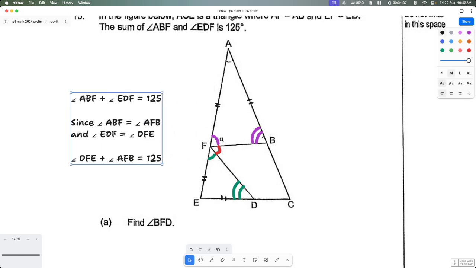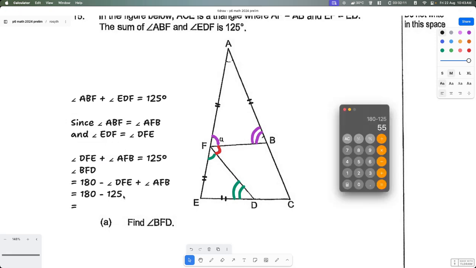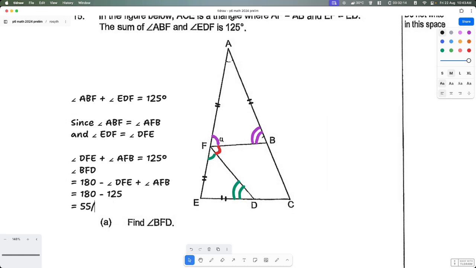If you want to get angle BFD, it is equal to 180 minus 125, which is 55 degrees. So the answer to find BFD is 55 degrees.